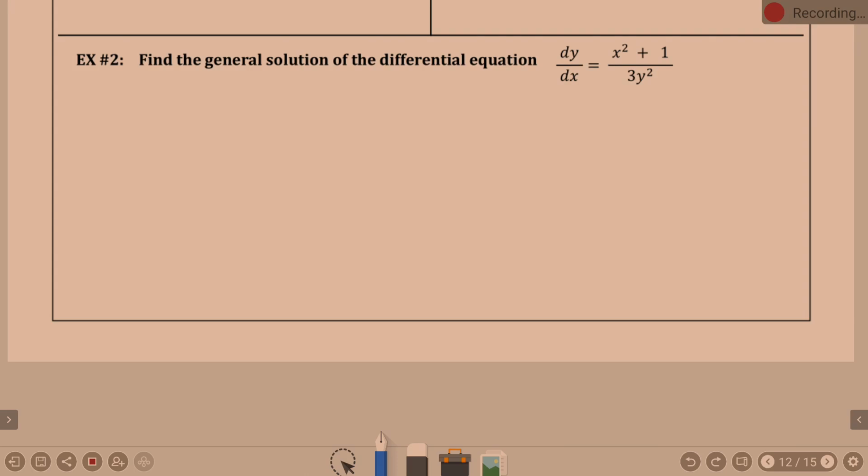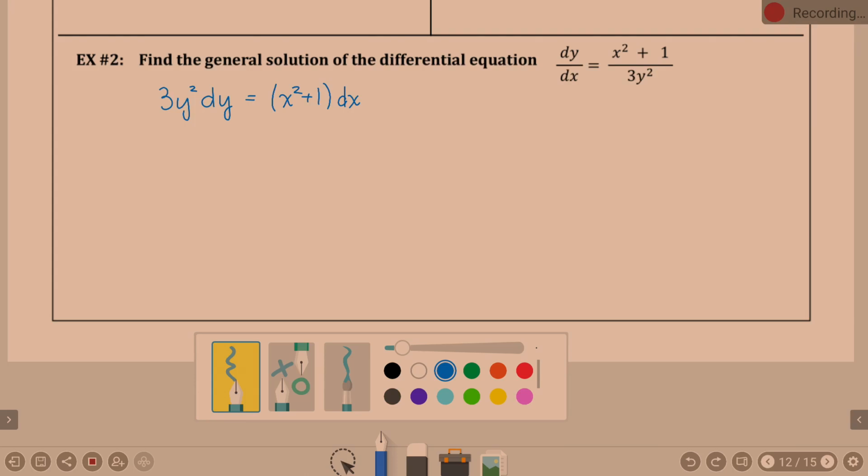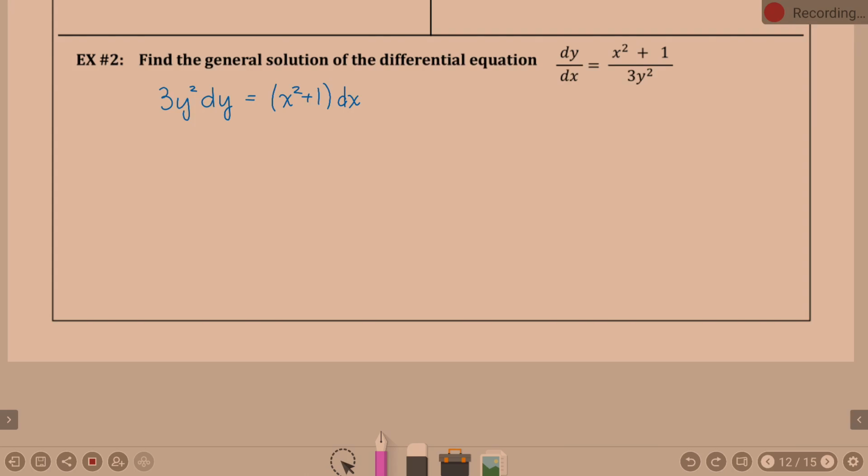It ends up being cross multiplying, doesn't it? Multiplying dx to the right and 3y squared to the left. So 3y squared dy equals the quantity x squared plus 1 times dx. And then go ahead and integrate.